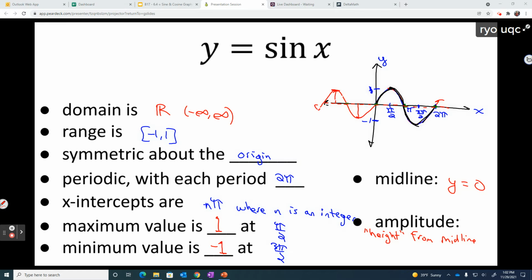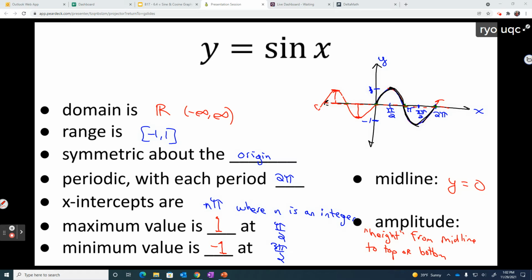It's from the middle to the top or the middle to the bottom. It's not the overall height. It's always going to be a positive number because you can't have a negative height. It can't be like negative 3 feet tall.